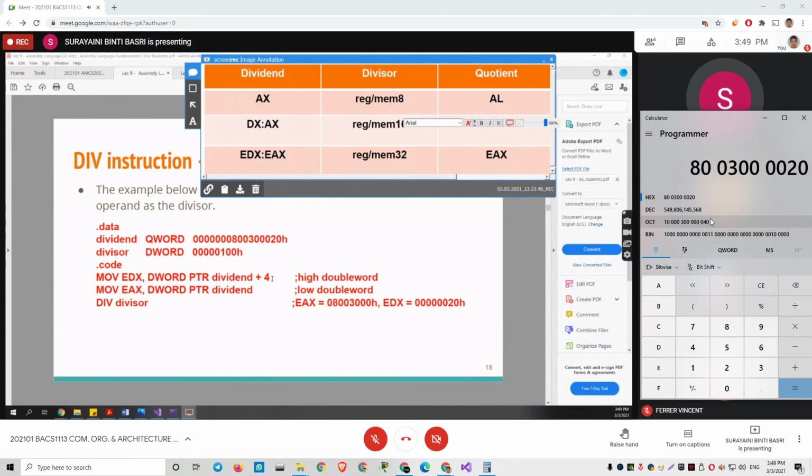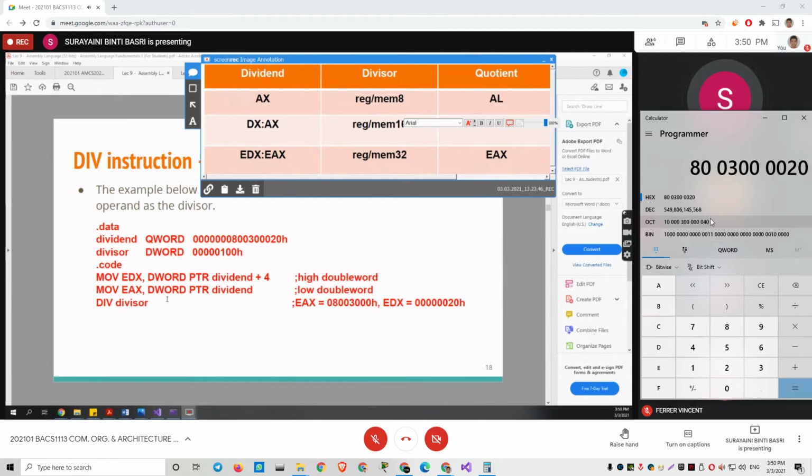So this is how it gets the high double word. In the EAX, it only extracts the low double word. So low and high, the lower double word means the value.